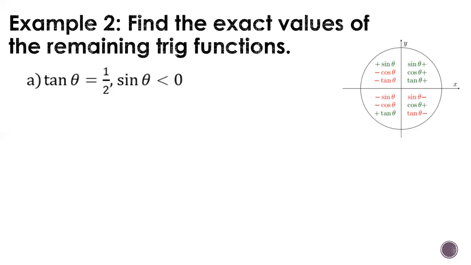So tell me in the chat if you know which quadrant would have a tangent that equals positive 1/2 and a sine that is less than 0. And you can send me a direct message if you don't want to send it to everyone.